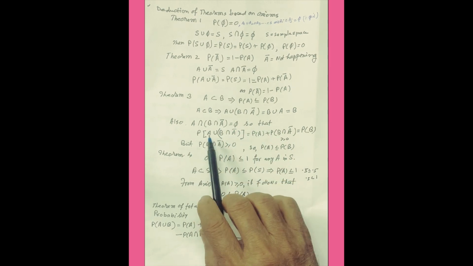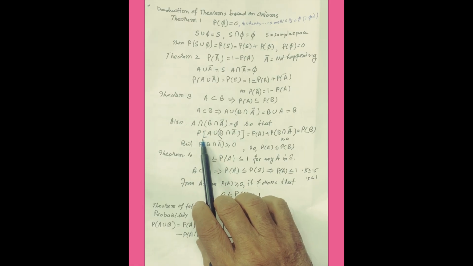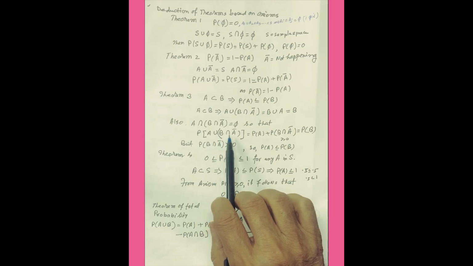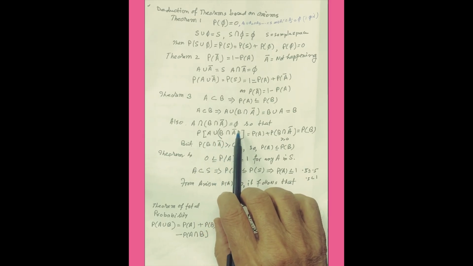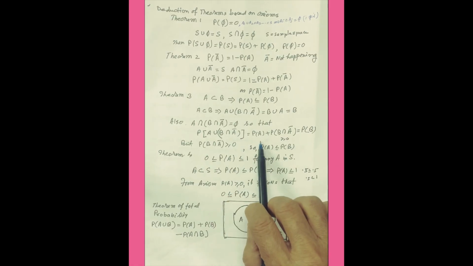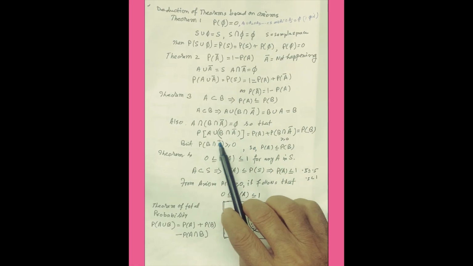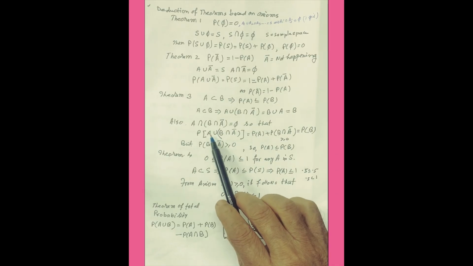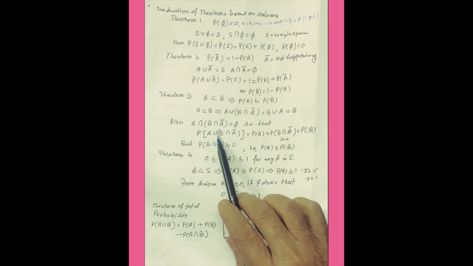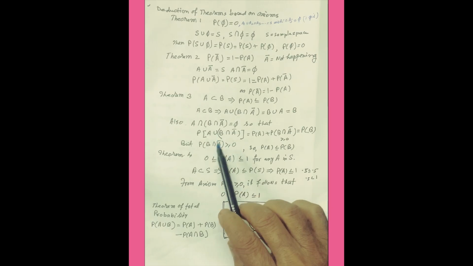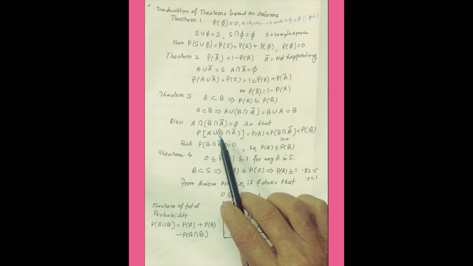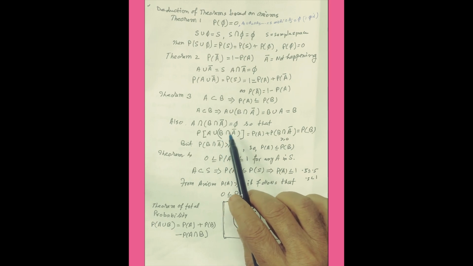So the probability of A union B intersection A bar is equal to the probability of A, as per the rule of probability. Probability of A plus, there are two terms, A and this. That means probability of A plus probability of B intersection A bar.